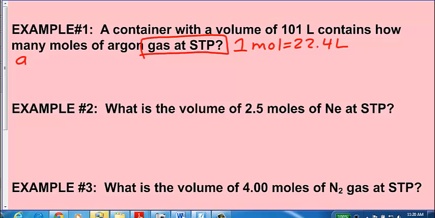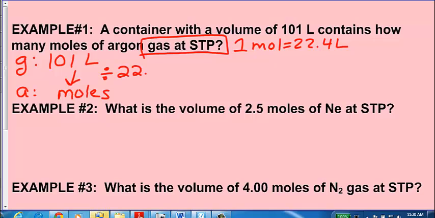We are given 101 liters. They are asking us how many moles. So Kevin, are you going from moles or toward moles? Toward moles. Very good, Kevin. So you divide by 22.4. So you're going to take 101 and divide it by the magic volume number, 22.4.